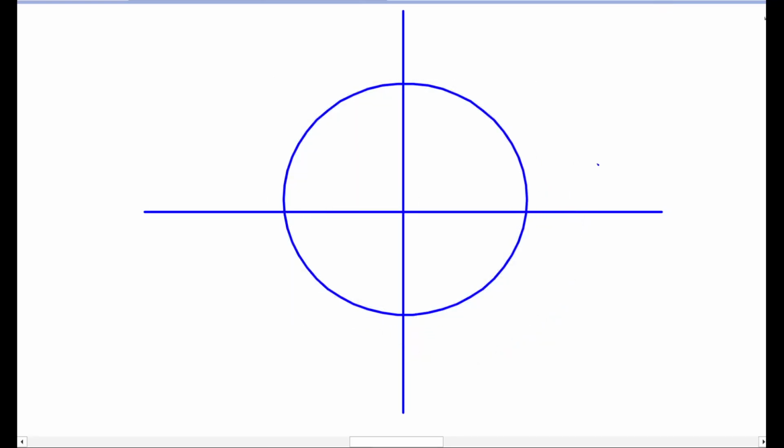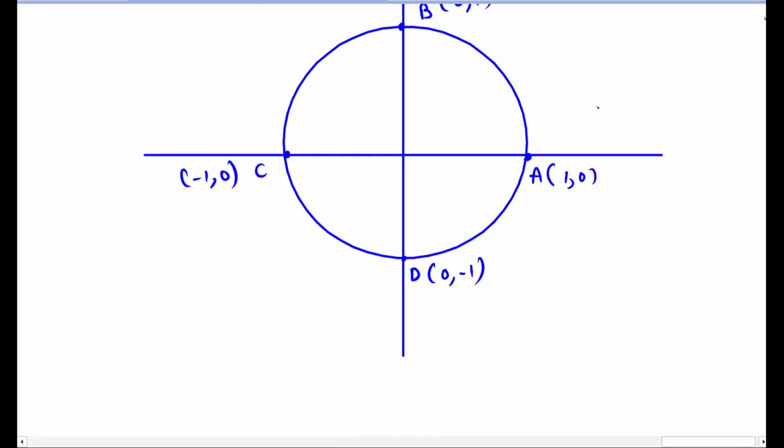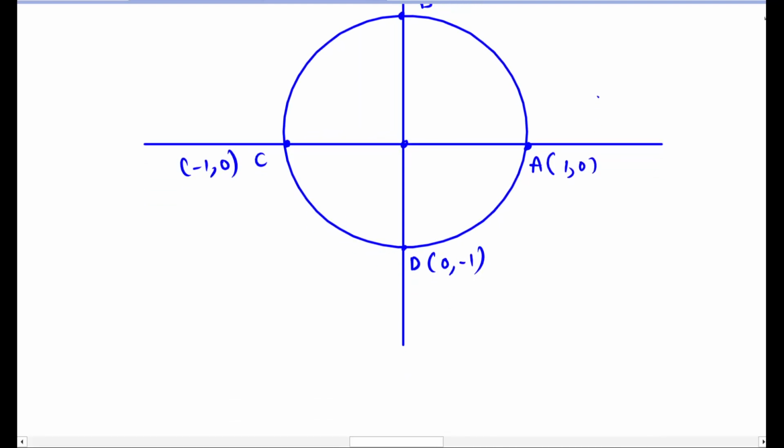So we have initial points A, B, C, and D, whose coordinates are A (1, 0), B (0, 1), C (-1, 0), and D (0, -1). So with OA as the initial side, theta is equal to 0 degrees.